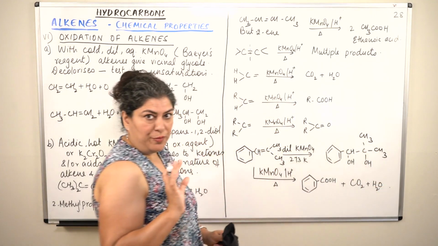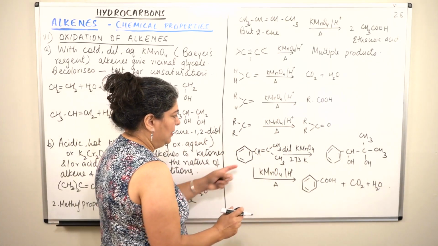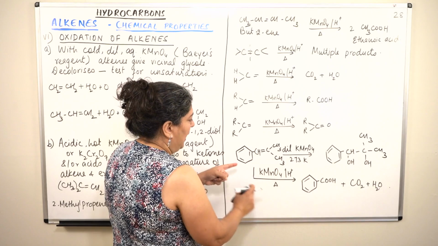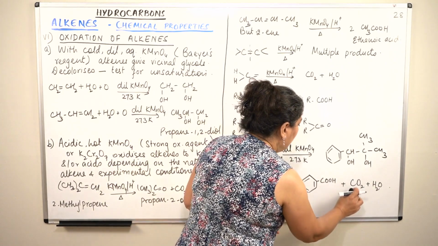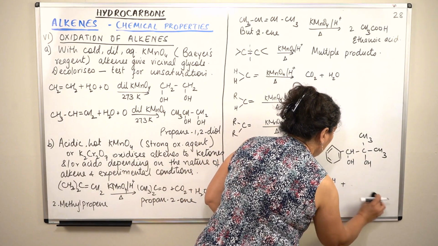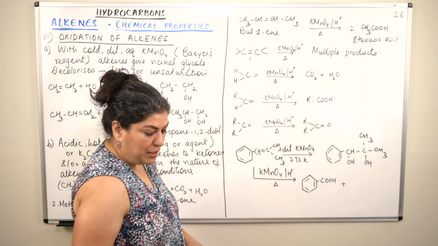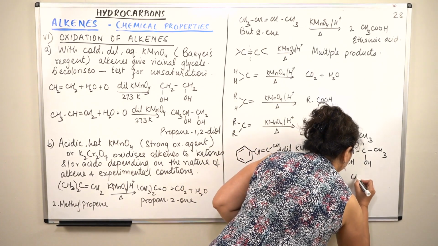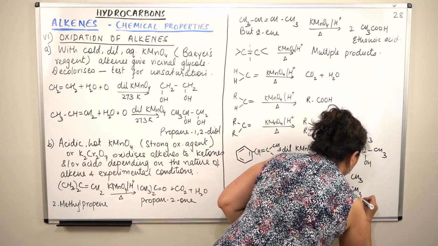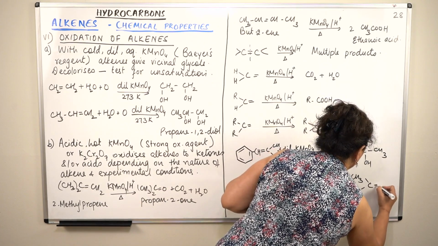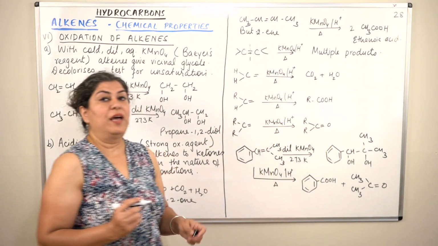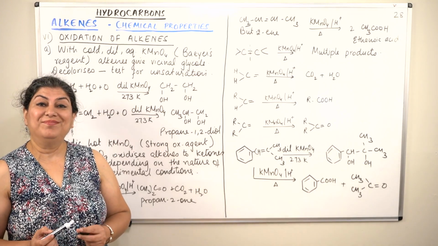This would have been on mild oxidation, that is with Baeyer's reagent. And on strong oxidation, you would not get carbon dioxide and water now. You would get the same carbon, the CH3, with carbon and double bond O. You would have gotten a ketone.